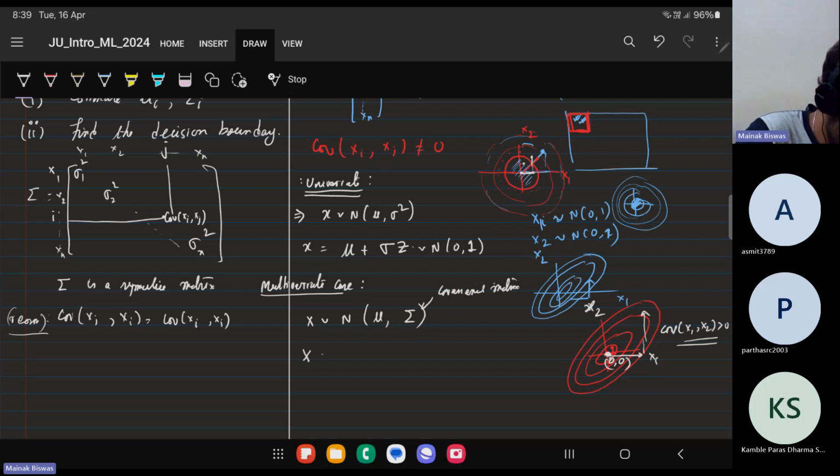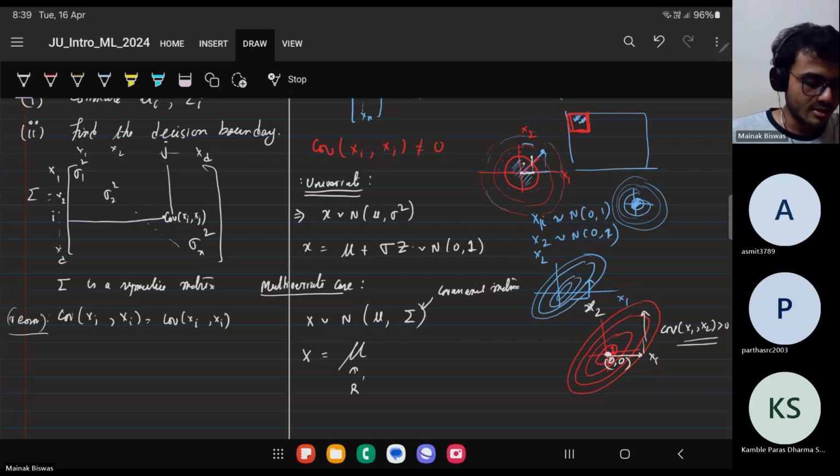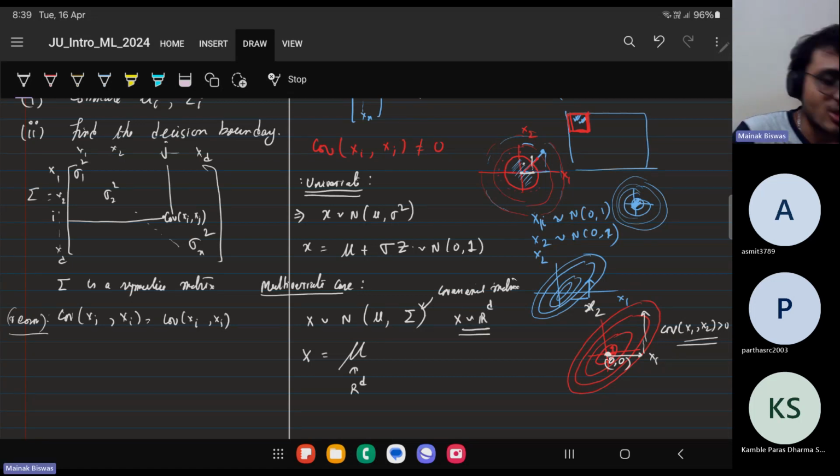We get it this way. So X is equal to, say mu is a vector again. How many dimensional vector? Let me not write n, let me write d. So mu belongs to R^d. If X is d-dimensional, then mu has to be d-dimensional.